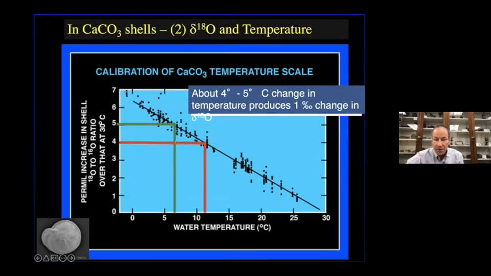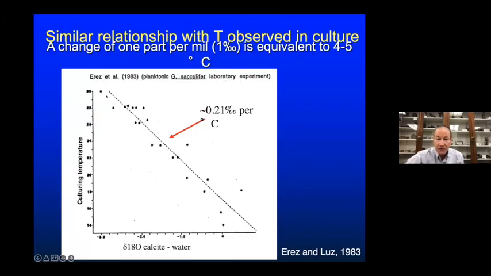And then here's just some evidence to show that I'm not just waving my arms about the influence of temperature. There's a very strong relationship of the water temperature and the delta O18, such that 1 part per thousand, 1 per mil change is equivalent to 4 or 5 degrees C. This relationship is remarkable because it shows up in laboratory culturing experiments where the temperature is controlled.